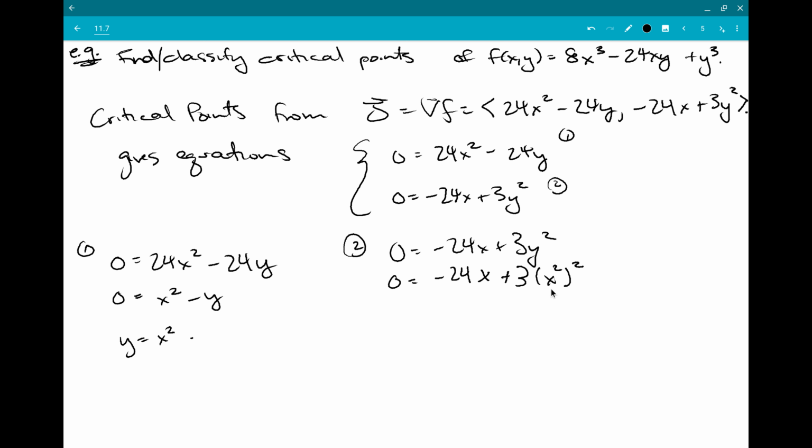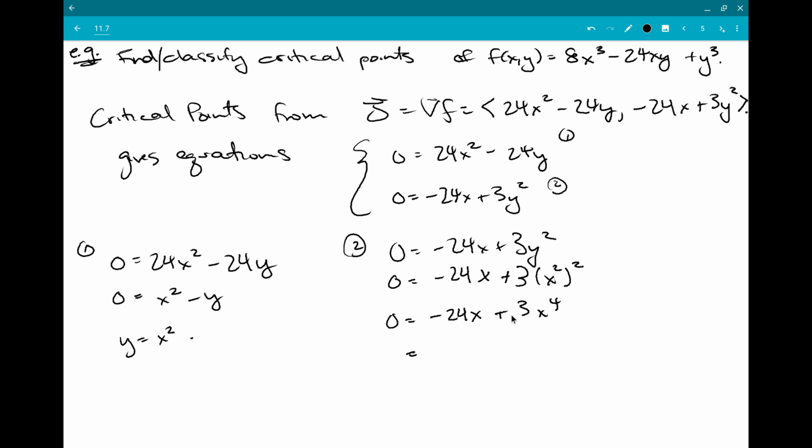So I replaced y with x squared. This is odd. It's going to give me a cubic in the end, and I don't know that I can solve that. Okay, so I'm trying to solve 0 is equal to minus 24x plus 3x to the fourth.